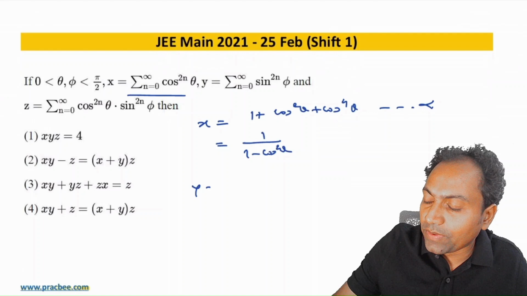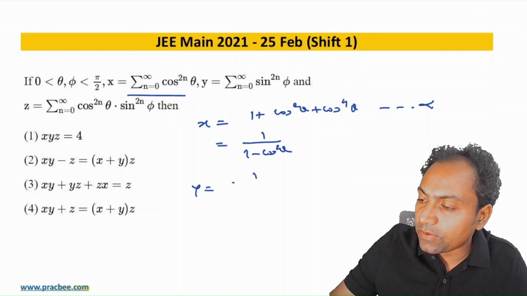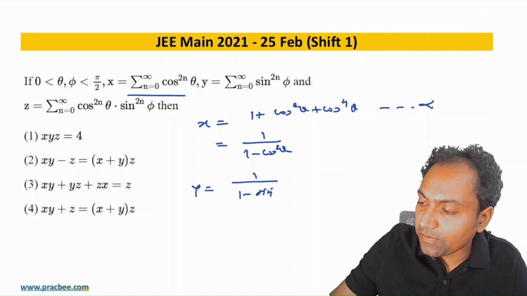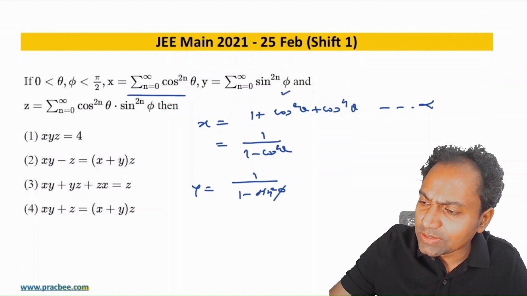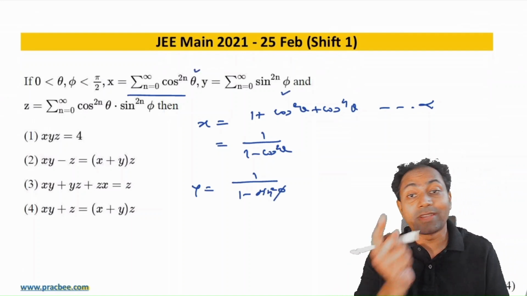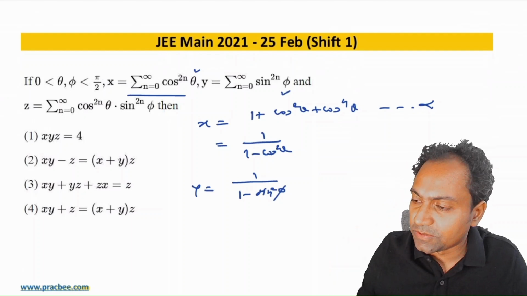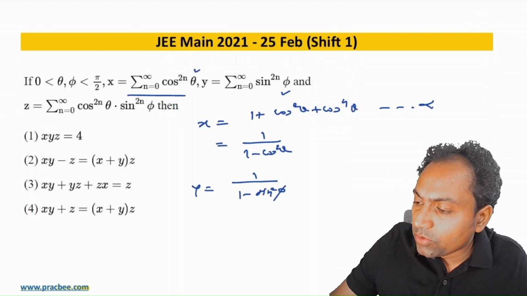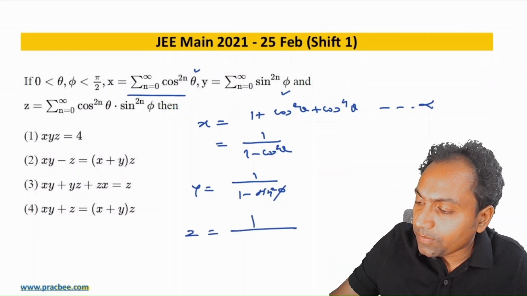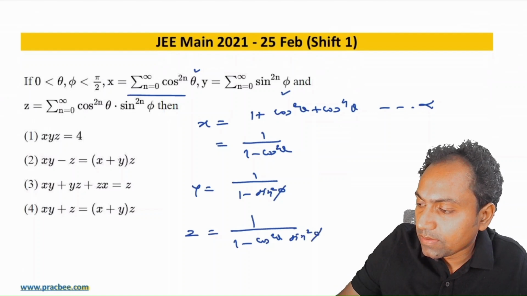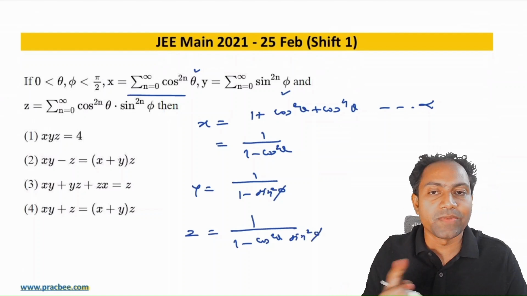Similarly, for the value of y, it will become 1 upon 1 minus sine square phi. You should closely observe what is the value of angle given. Sometimes students will take both the values as theta and then they will commit some error and the answers will not match. For the value of z, similarly it becomes 1 upon 1 minus cos square theta sine square phi. Now what they're asking is the relation between x, y and z.